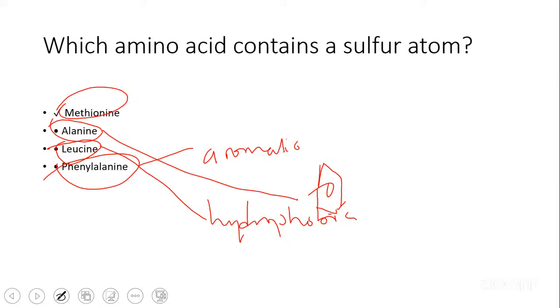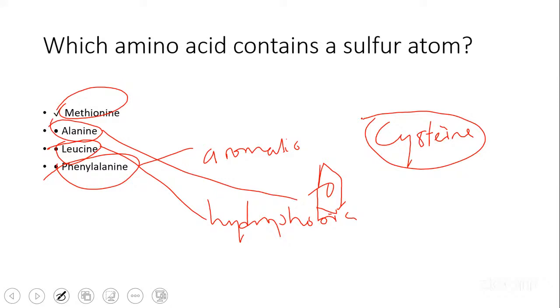But if we had seen something like cysteine, cysteine is another sulfur containing amino acid. So cysteine and methionine are the only sulfur containing amino acids.